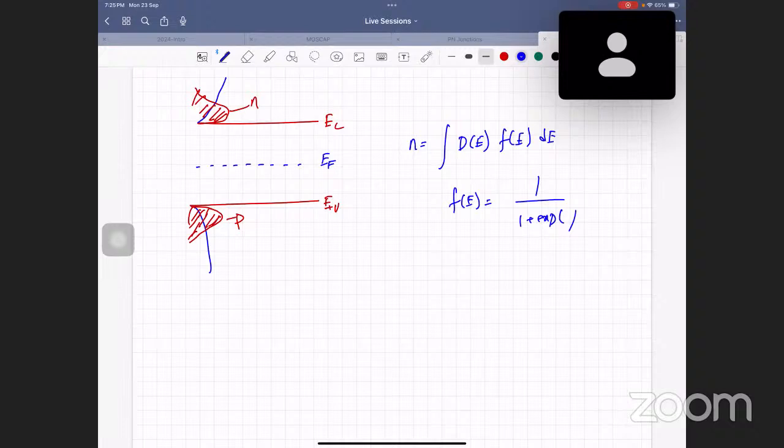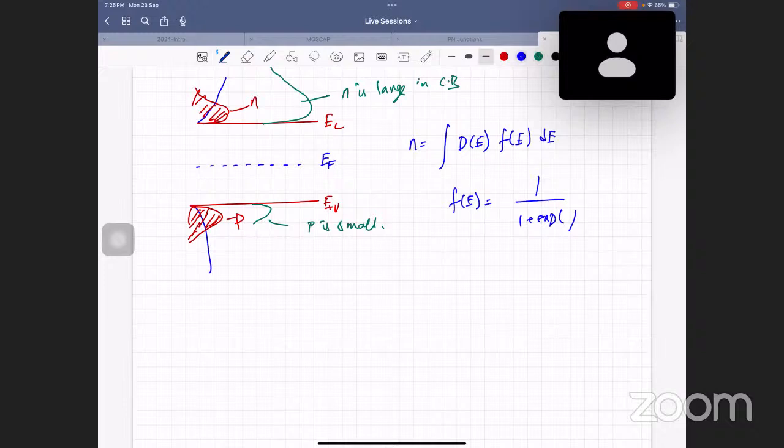But if you move to an N-type semiconductor, you have a lot more electrons than holes in the valence band. N is large in the conduction band, P is small. So in this case, you have more probability of finding electrons closer to the conduction band.